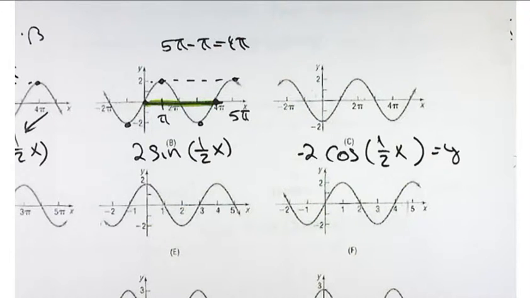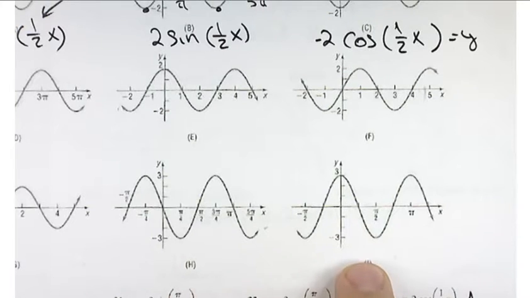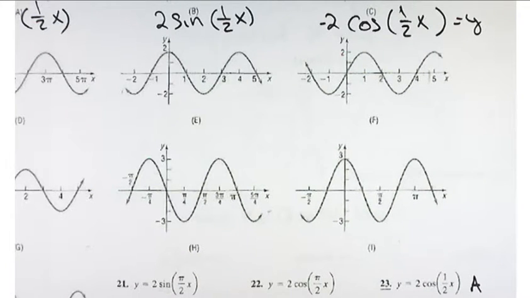All right. Why don't you try a couple? Why don't you try, let's see, why don't you try H and I? So we'll mix them up a little bit.